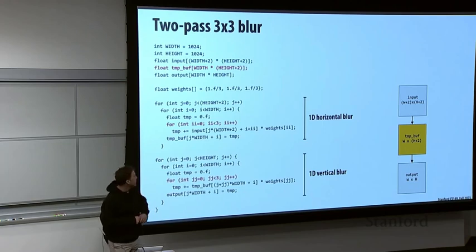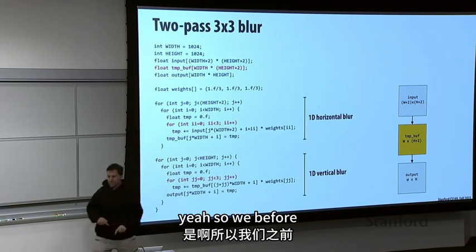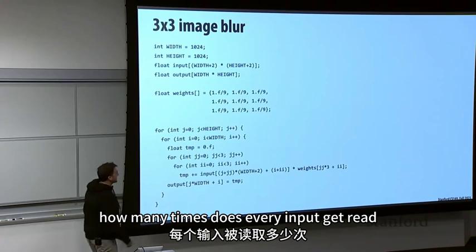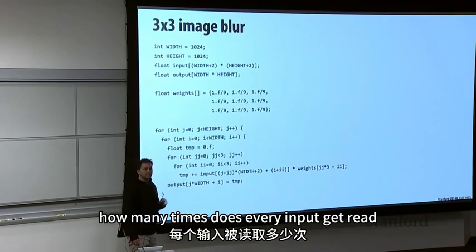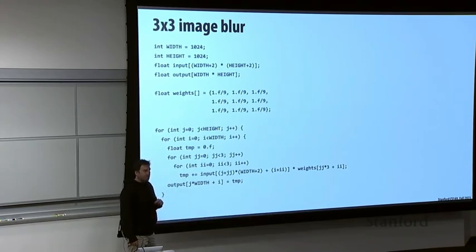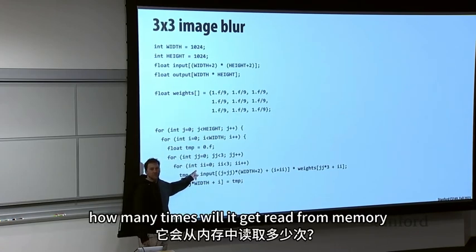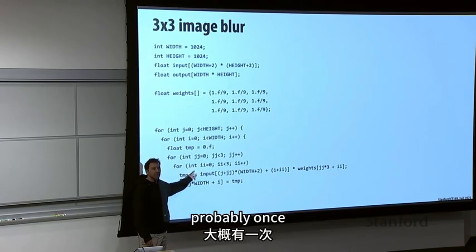Let's look at this program. How many times does every input get read? Technically, every input gets read 9 times, but effectively, how many times will it get read from memory? Probably once.